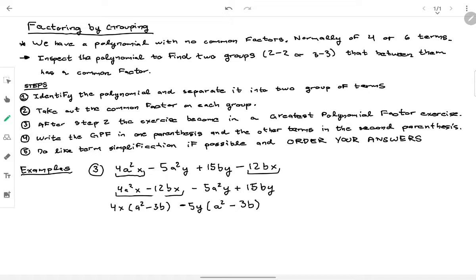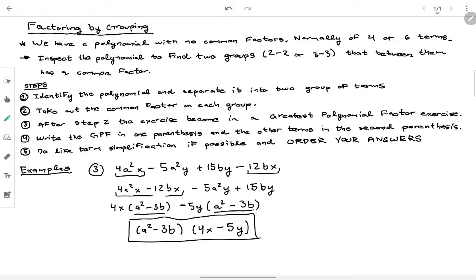So in this case, it's now a greatest polynomial factor exercise in which we can select the one that is common on the first parenthesis, the one that is not common on the second one. In this case, I cannot take out anything of any parentheses. I cannot do any type of ordering because it's correctly ordered. So this is going to be our final and correct answer.